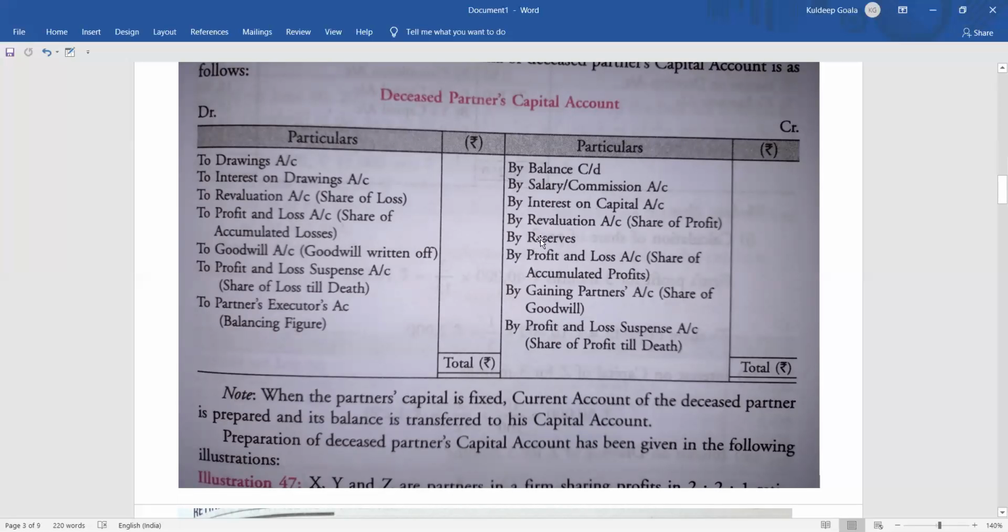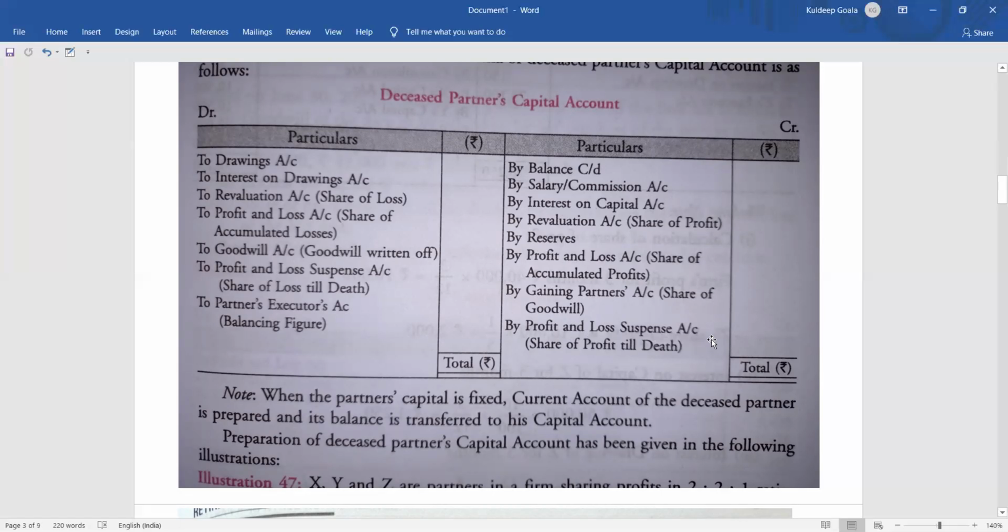By interest on capital, by revaluation profit, by reserve, by profit and loss share of profit, then the share of goodwill that is going to be transferred by the gaining partners, and the share of profit due till the date of death, that is by profit and loss suspense account.